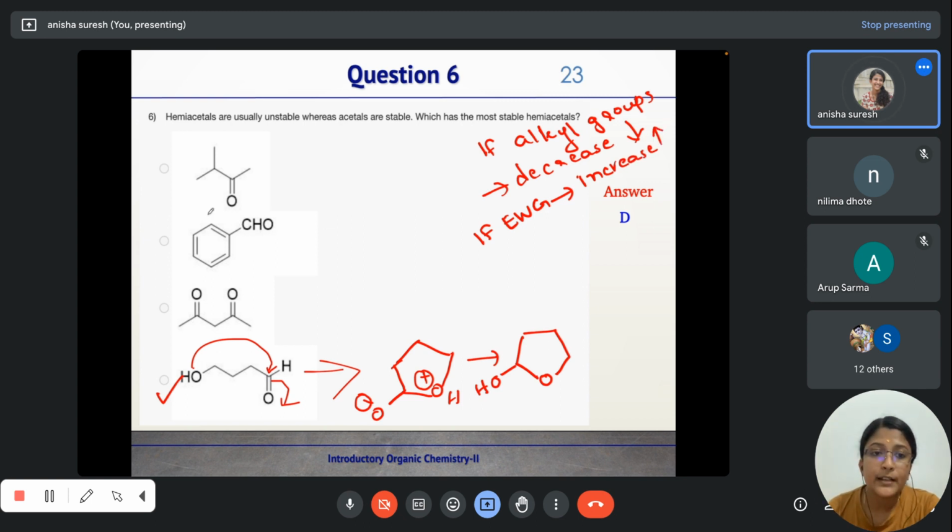So here this will be an electron withdrawing group, phenyl group. Phenyl is an electron withdrawing group. So this will be more prone to attack from an alcohol.